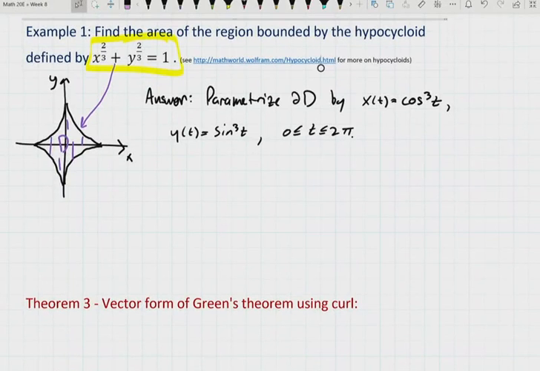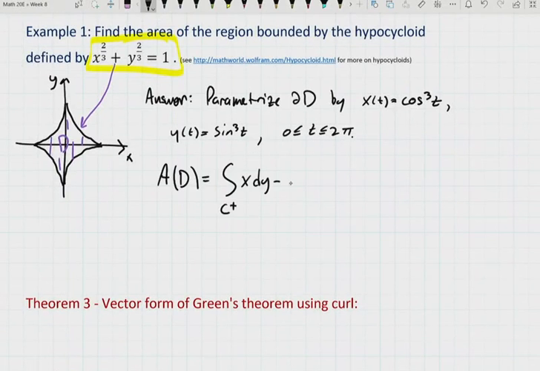Okay, so let's plug in the formula. The formula says that the area of the region is the integral over the boundary of x dy minus y dx. So that's the integral from 0 to 2 pi of cos cubed t dy.